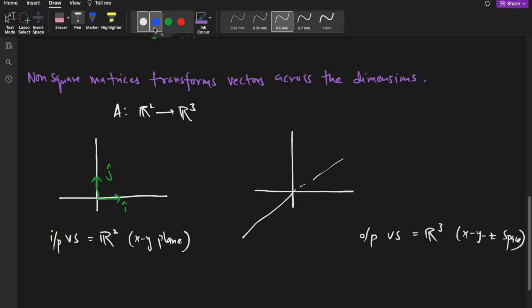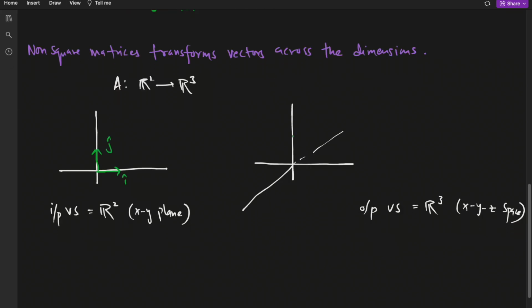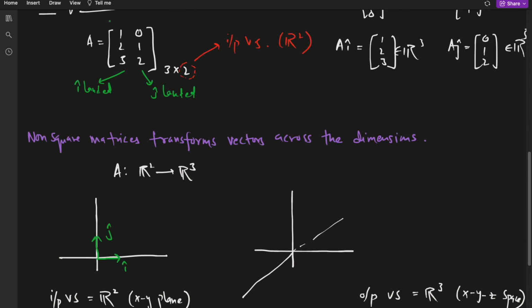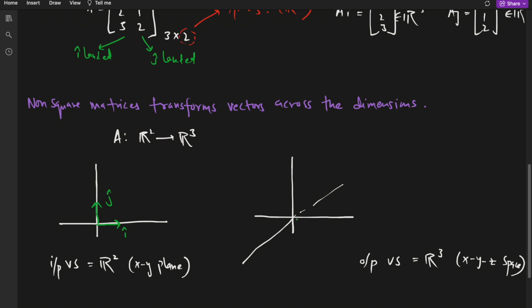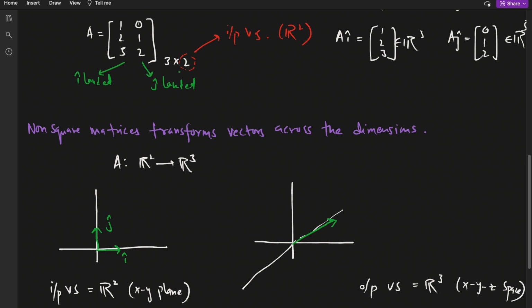Okay. So now I have transformed it, right? So this is 1 2 3. So I hat will go somewhere in 3D space. Maybe somewhere here, let's suppose this is in the 3D space. And J hat will be 1 comma 2, so the x component is 0.